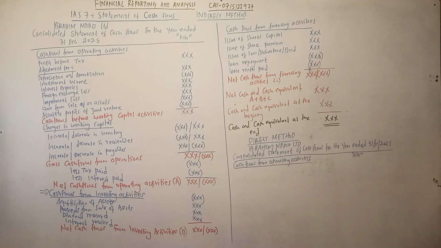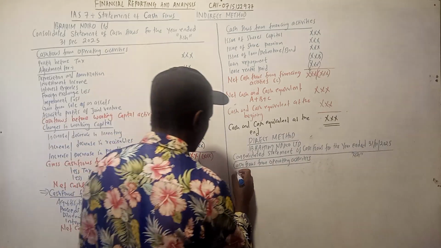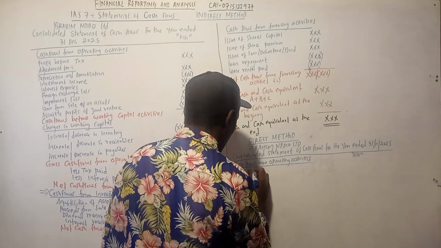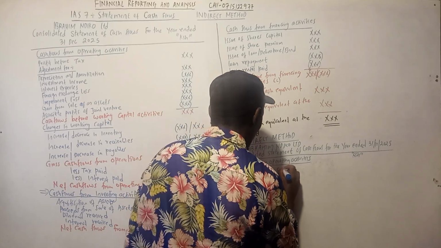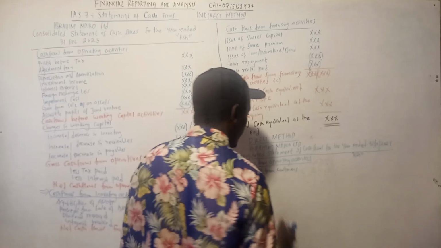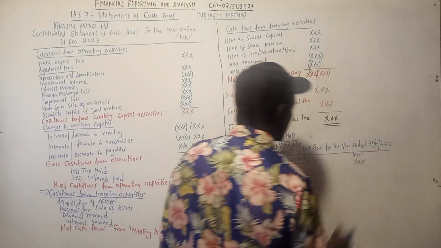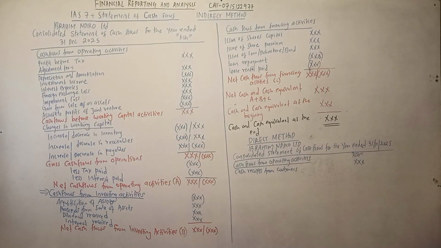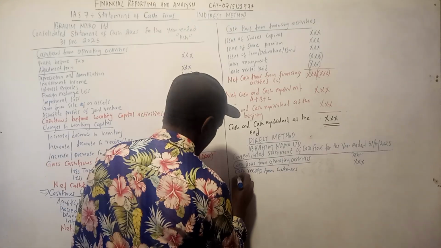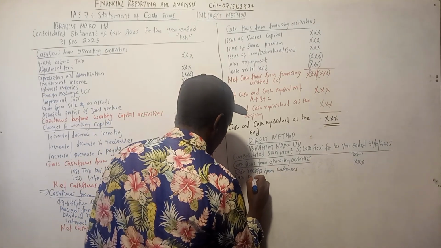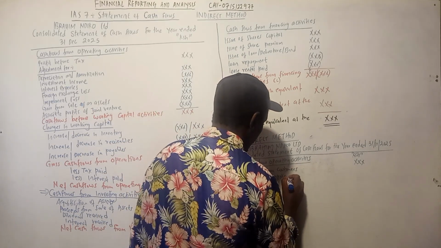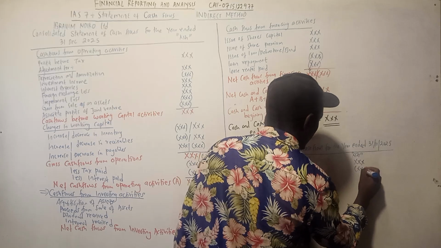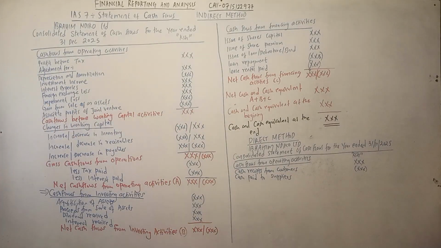So we start with the cash receipts from customers. Cash paid to suppliers.